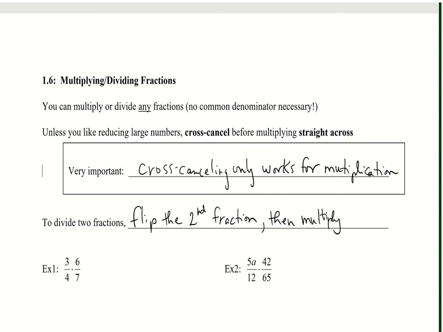And this is what we mean when we say multiply by the reciprocal. And we do mean the reciprocal of the second fraction. So multiply by the reciprocal of that second fraction. Let's take a look at a few examples.